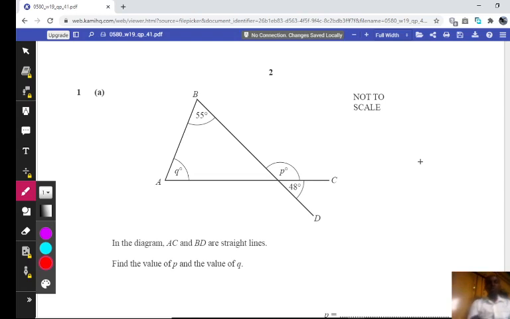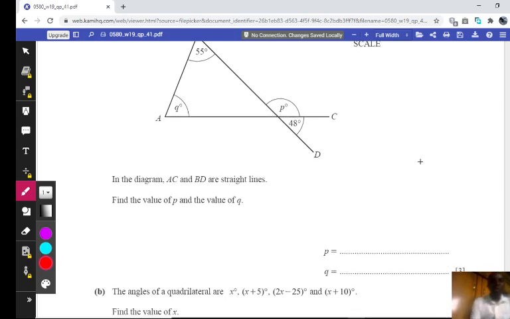What are you supposed to do? First, you can find P, right? How? Use adjacent angles on a straight line. P and 48 degrees, they are called adjacent angles on a straight line. This angle and this angle. So, what do you know about them? They add up to 180 degrees. So P plus 48 is equal to 180.